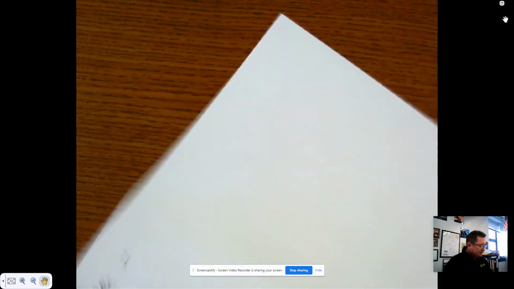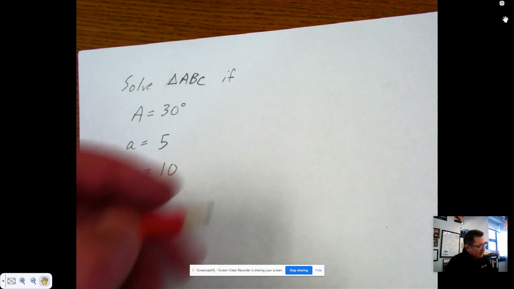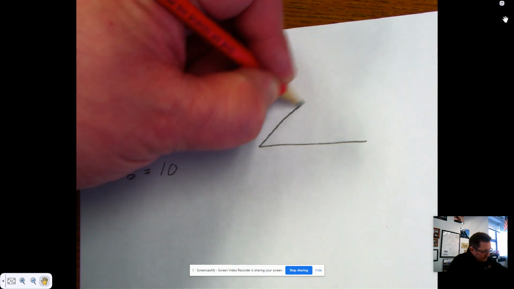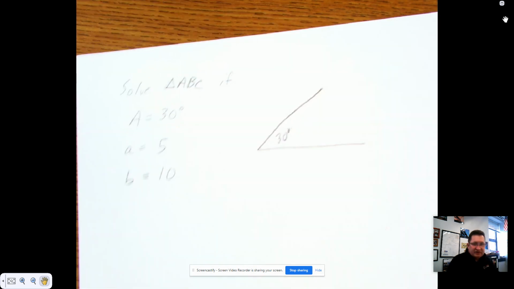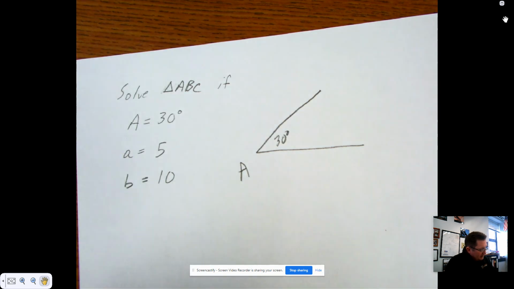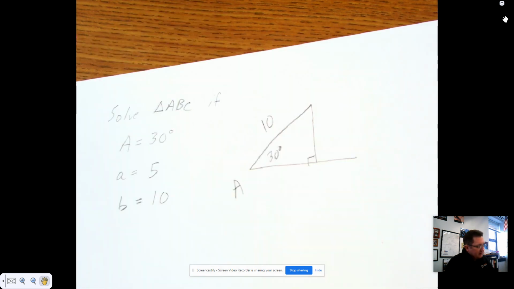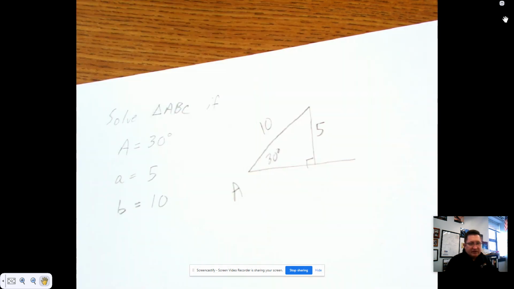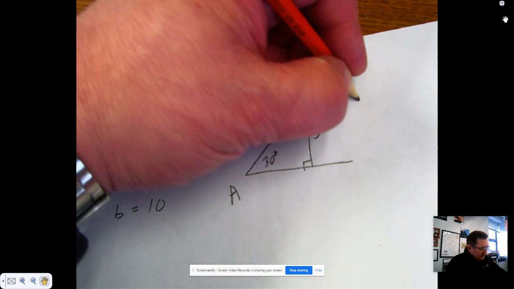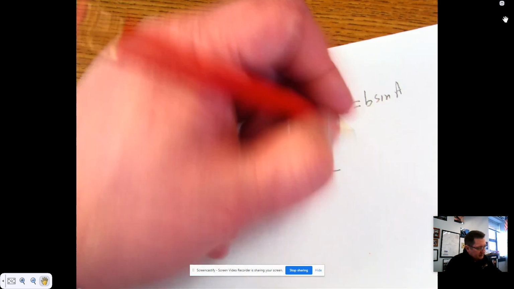There's yet another case of this. When you draw this triangle, and it's 30 degrees, and this is angle A, it's possible that the side they give you is exactly the one that makes it a right angle. I've given you an example here. In this case, little a equals B sine A, and so there's one solution.